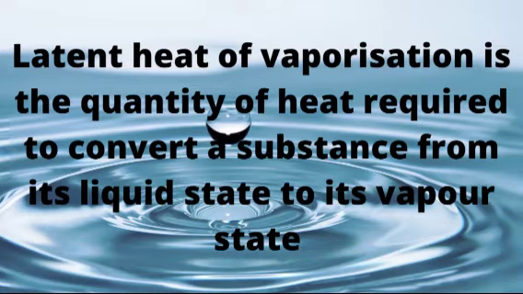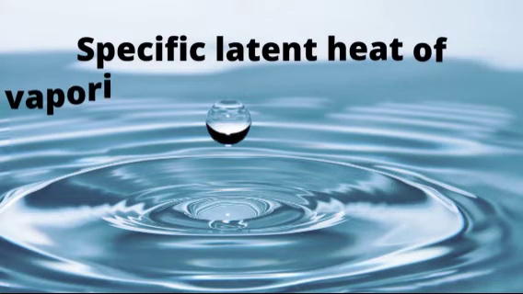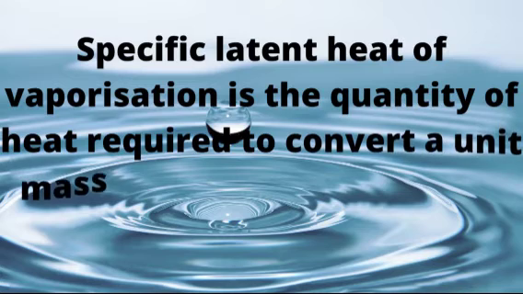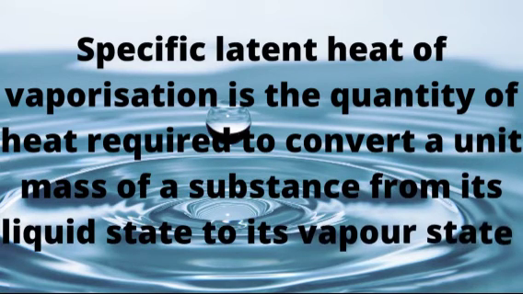That means when the liquid gets to boiling point, it begins to vaporize. It stays at its boiling point temperature, and the temperature remains constant, but it absorbs heat that cannot be read on the thermometer, which converts it from liquid to vapor. That heat is known as latent heat of vaporization.